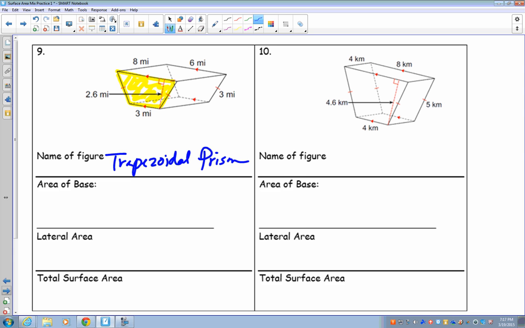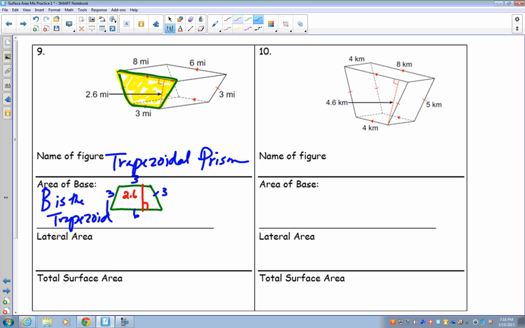Since B is the trapezoid, I'm going to just draw what we have. The trapezoid here has markings on it. I'm going to invert it and redraw it and label it. The bases of the trapezoid are 3 and 6, the legs are 3 and 3, and the height of the trapezoid, the perpendicular distance, is 2.6.